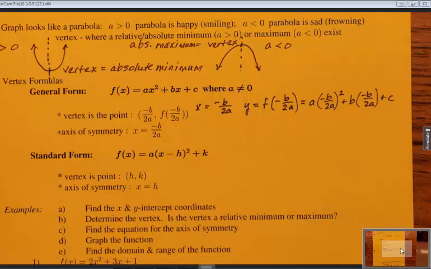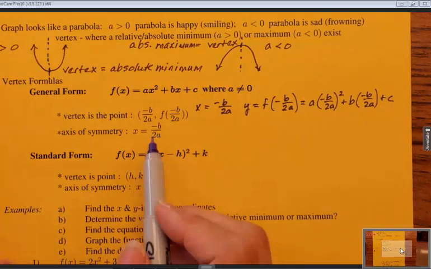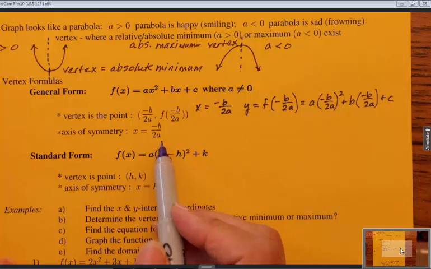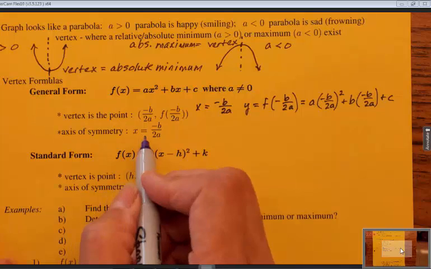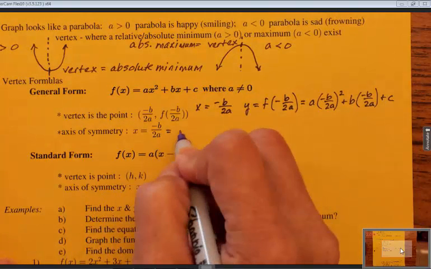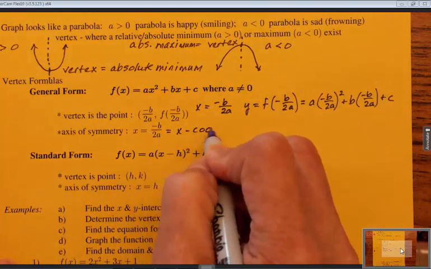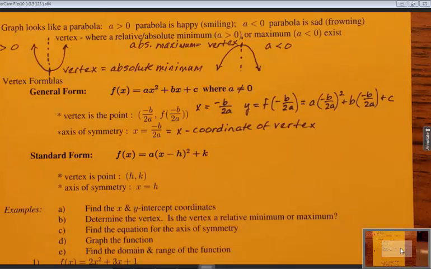What is the equation of a vertical line? X equals something. Good. So down here, it's going to be equal to whatever the x coordinate of my vertex is. So x equals, and this is the x coordinate of your vertex. So it's nice to know what your axis of symmetry is, because then if you find points on one side of your parabola, you automatically have points on the other side due to symmetry.